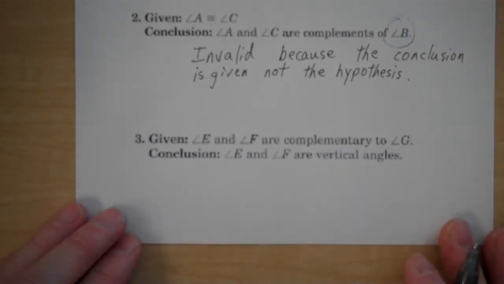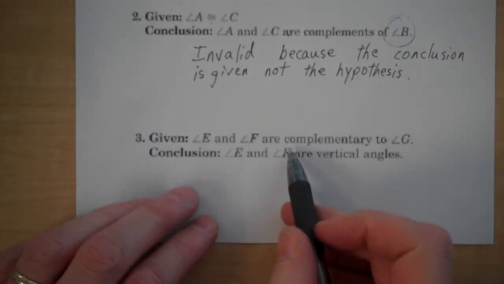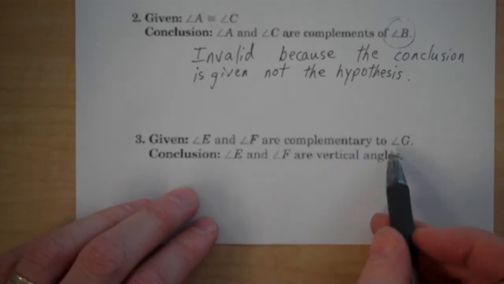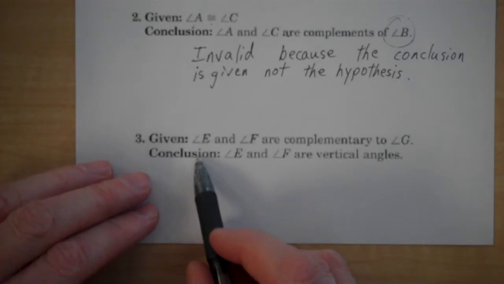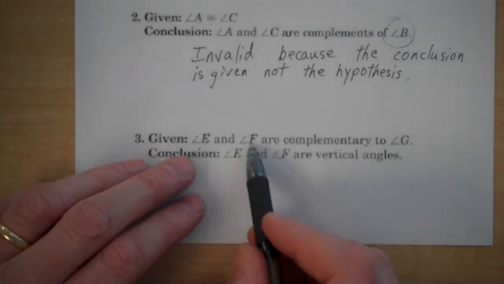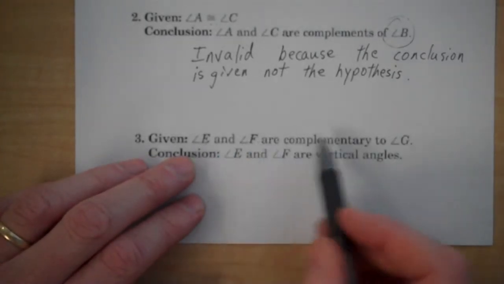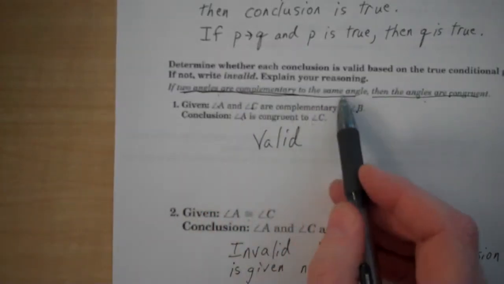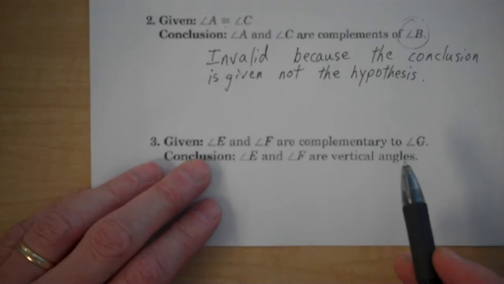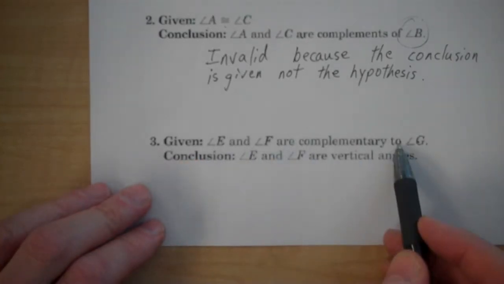All right, well, let's look at what this third one does. Angle E and angle F are complementary to angle G. Now, I think that matches. We got two angles that are complementary to the same angle. That matches the two angles complementary to the same angle that we had up here. Well, so we're okay.